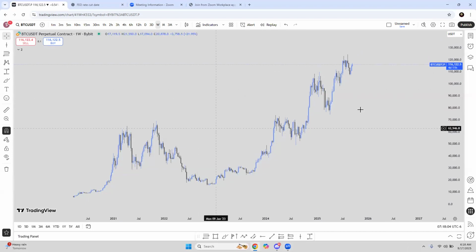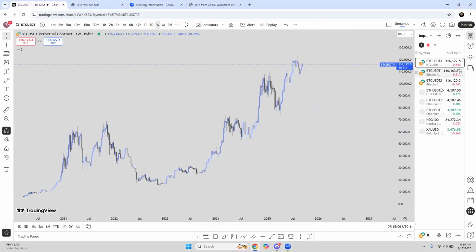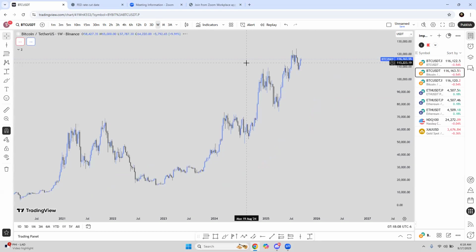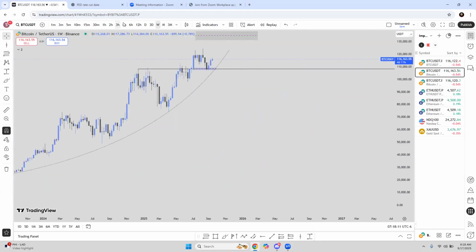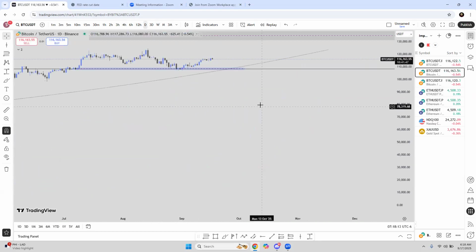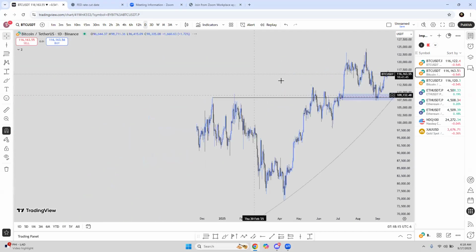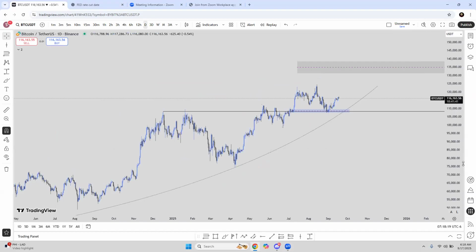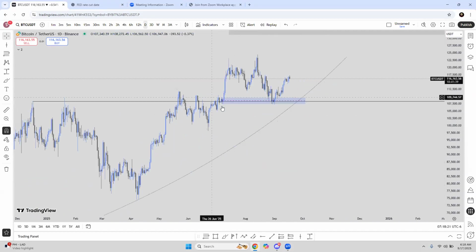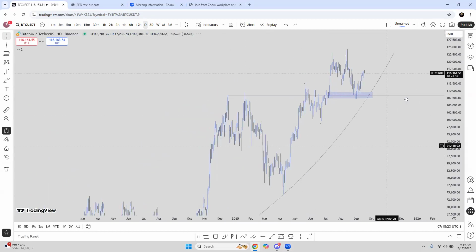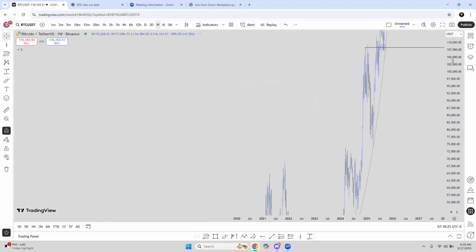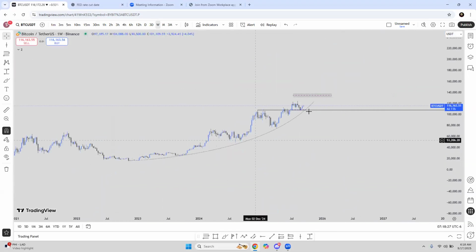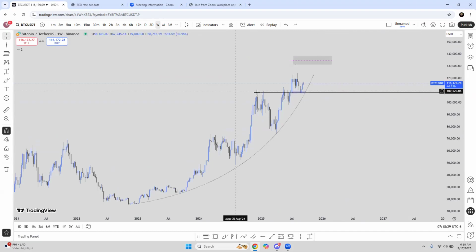This is the Bitcoin chart, and before that we had previous analysis on Bitcoin as well. If you are following my previous videos and analysis, the price was there, this was the daily order block and a weekly trend line curve was forming up here, nicely, and this was the best previous resistance.